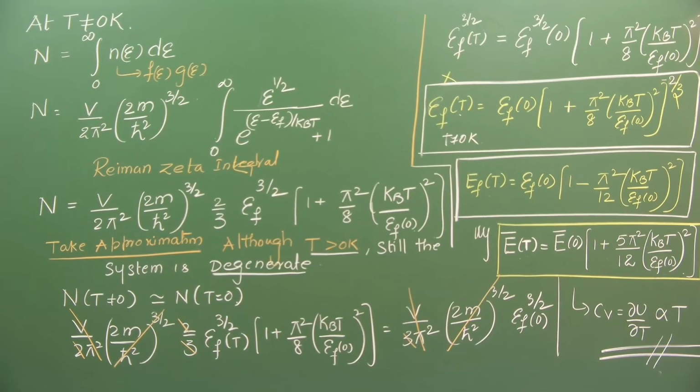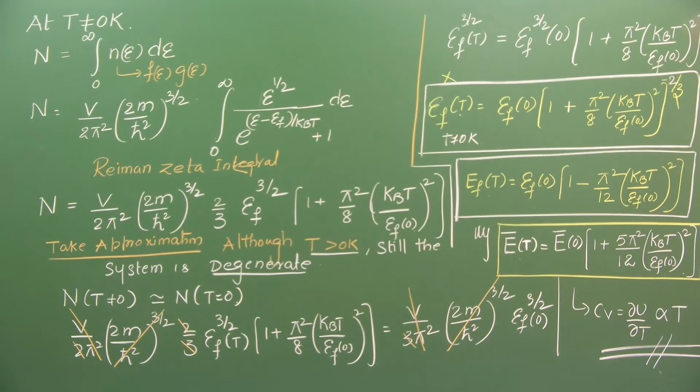Please remember, it's not possible to derive it also, please remember. EF of T equal to EF of 0 into 1 minus pi square by 12 kBT by EF of 0 whole square.